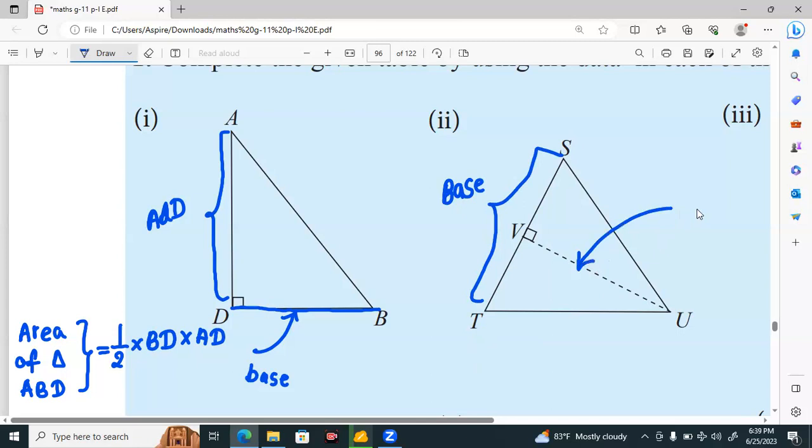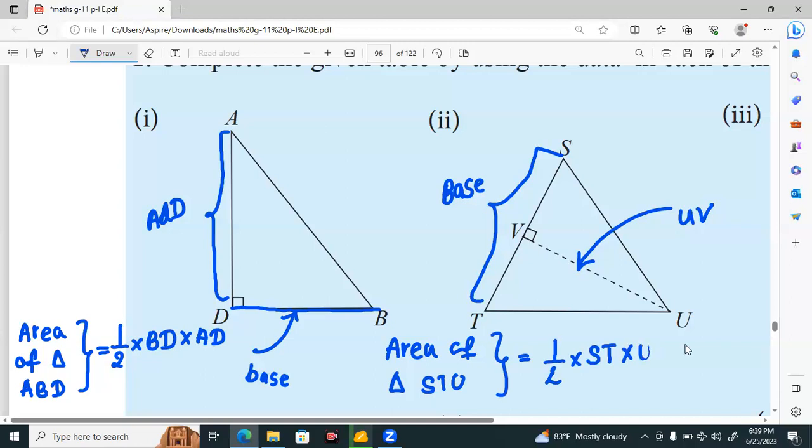It is UV or VU, doesn't matter. Then you can write area of triangle STU is equal to, how do you write? Half into ST into UV.